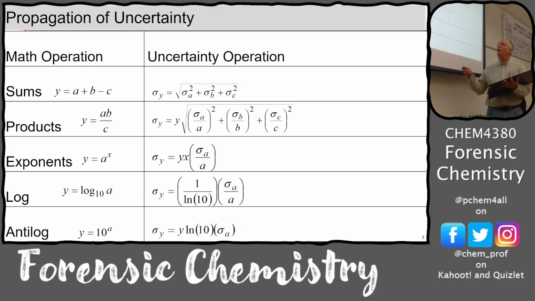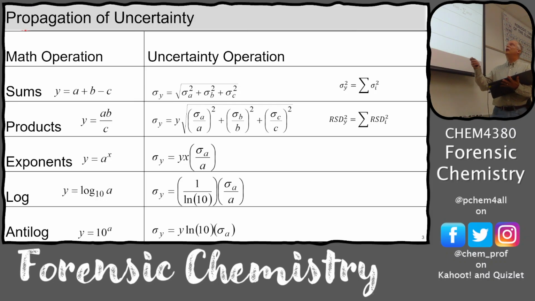Now, if I move y over onto this side, then that's the relative standard deviation of y. And if I square it, I get rid of the square root. And so this is a simplified equation here, that the relative standard deviation in the result is just the sum of the squares of the relative standard deviation of each individual piece for multiplication and division.